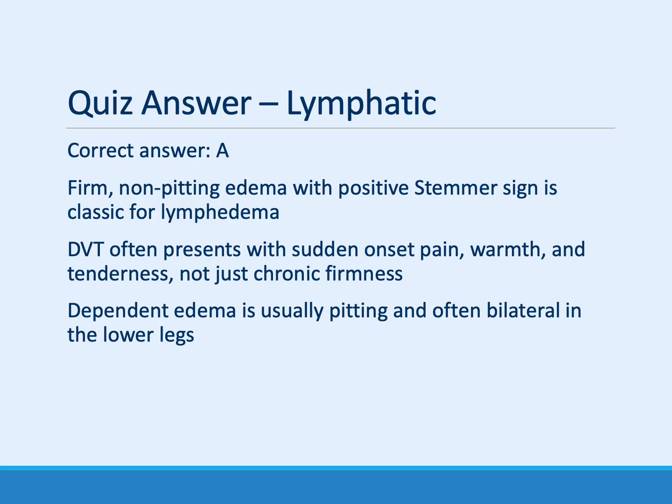Because of the chronic nature of lymphedema and the progression through the stages, that firm appearance helps us point towards it being lymphedema. And so how we treat that is going to be different than how we would treat edema from, say, congestive heart failure, and what changes in limb girth are going to be relevant.